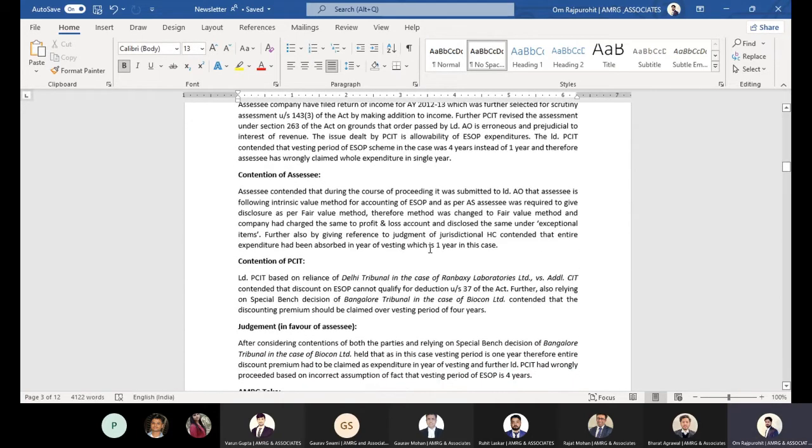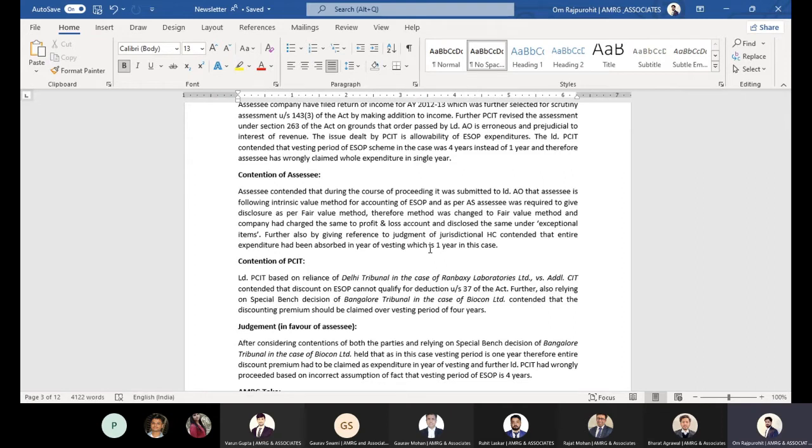On the contrary, the contention of PCIT was that even the landmark ruling of Bangalore ITAT in the case of Biocon Limited also held that the expenditure of ESOP should be allowed under Section 37 over the period of vesting. The court heard both the contentions of SSC as well as revenue.